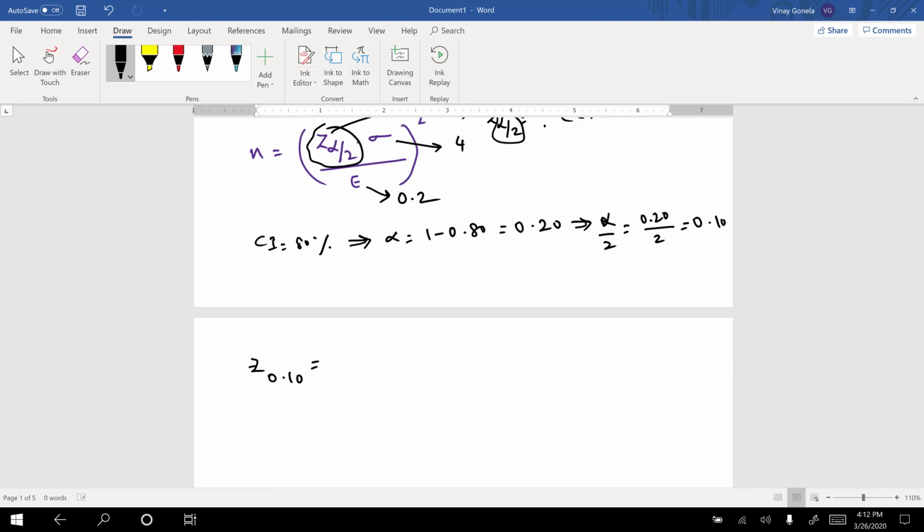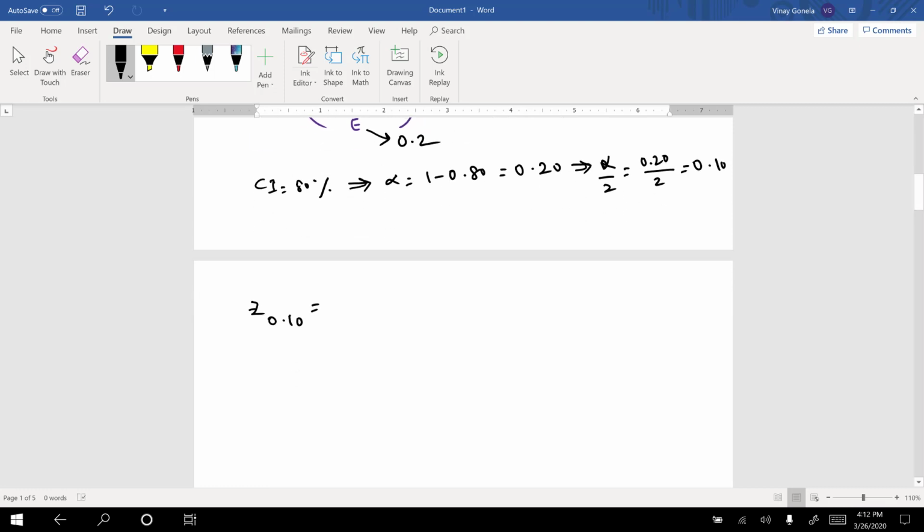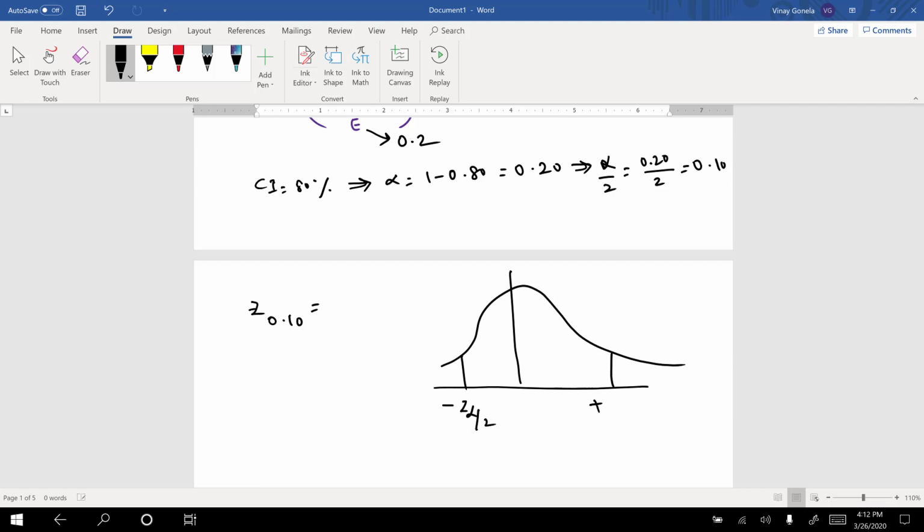So what this means is we have a normal distribution curve, and then this is negative z alpha over 2 and this is positive z alpha over 2, and this area is 0.10, this area is 0.10, and this area is 0.80.